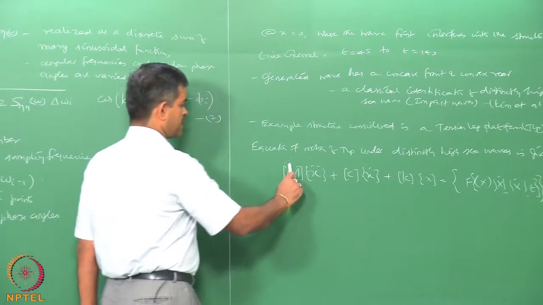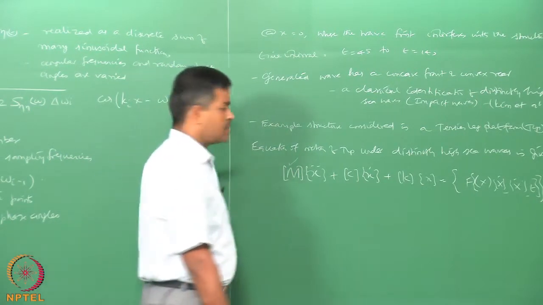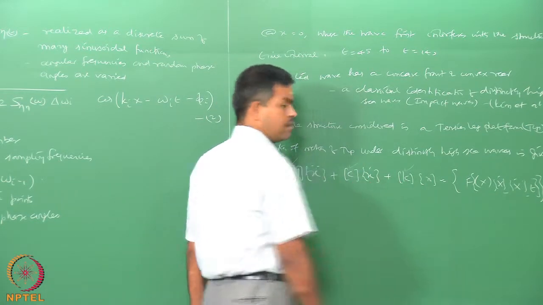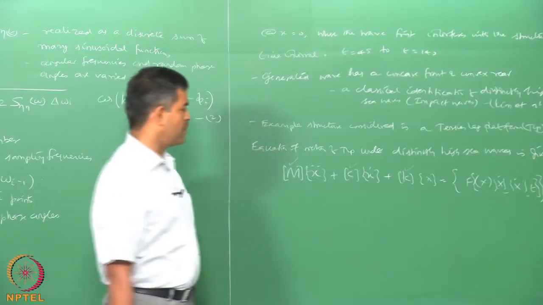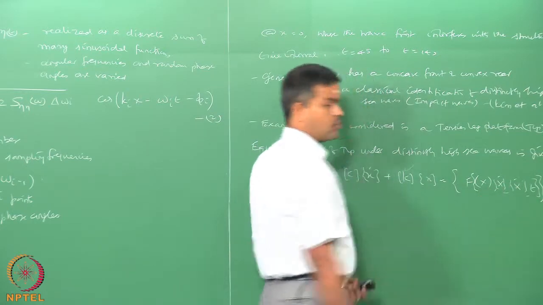M is the mass matrix of the given system, C is the damping matrix, K is the stiffness matrix, and of course, F is the hydrodynamic force vector.